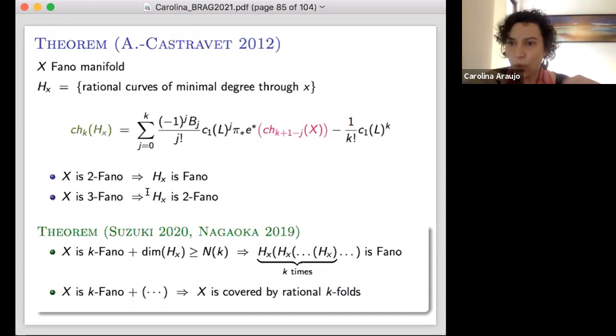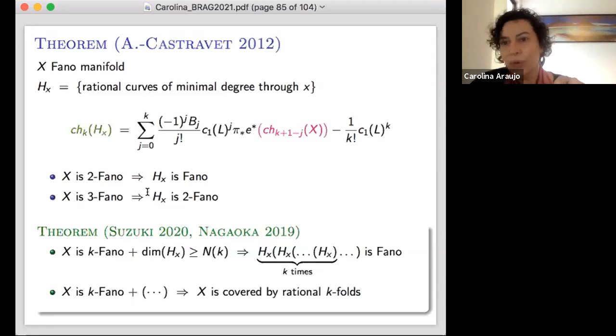You can cook up a surface where the second Chern character will intersect 0. Basically, take a line in one crossed with a line in the other. This will have 0 intersection with the second Chern character of T. So it's much more restrictive.